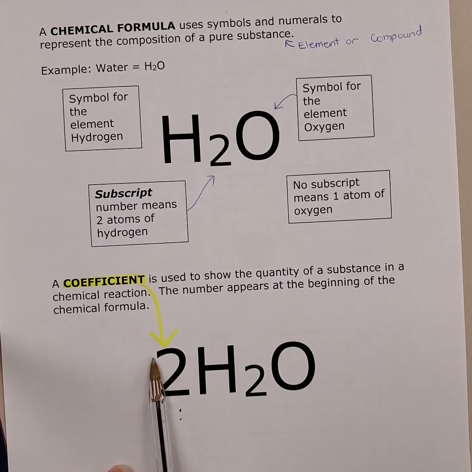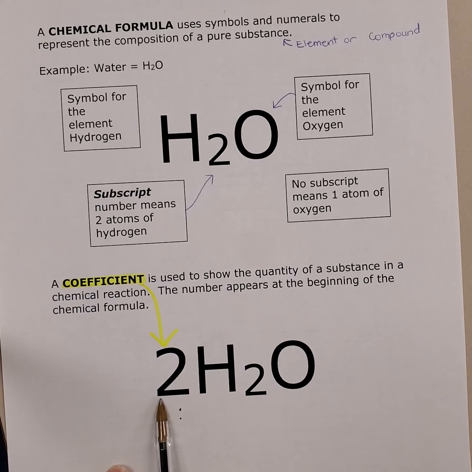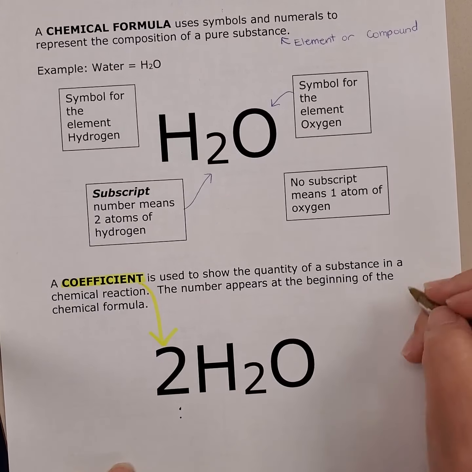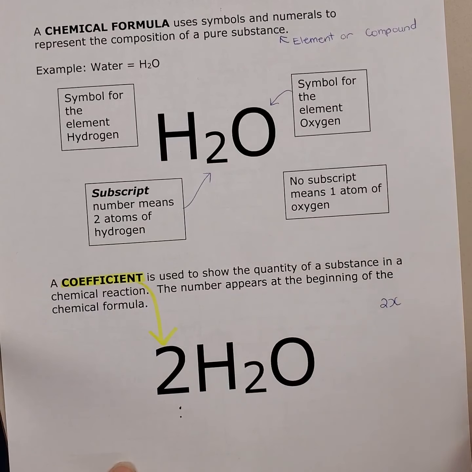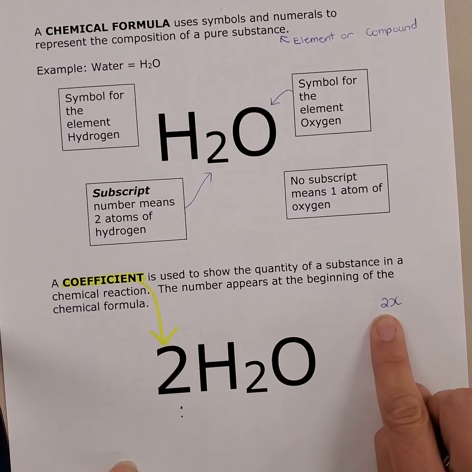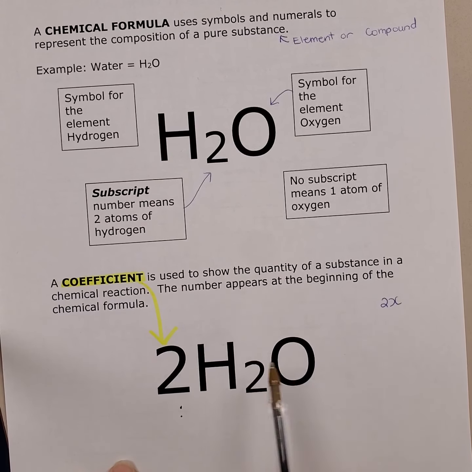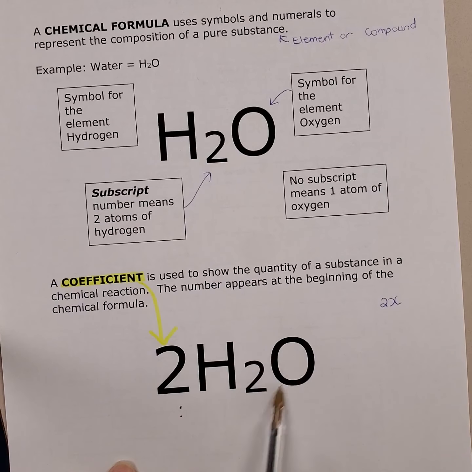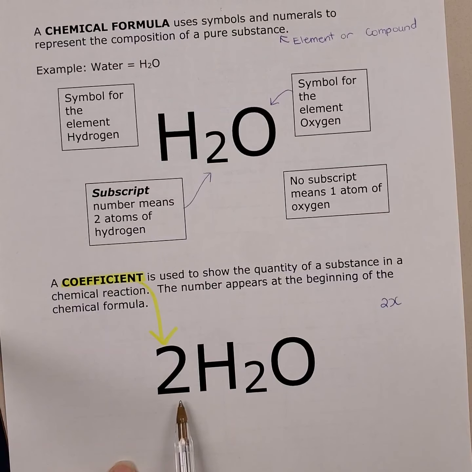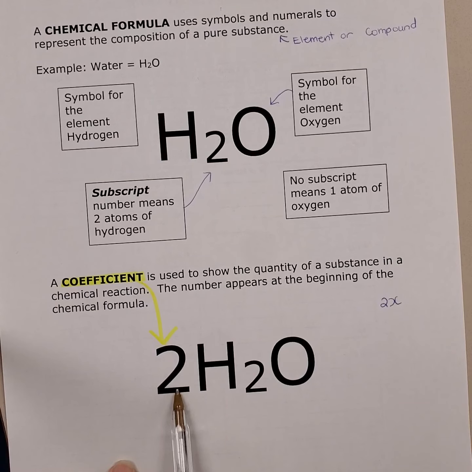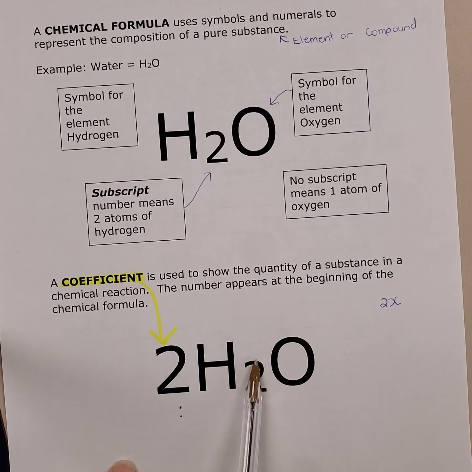A coefficient is always written at the beginning, and you've used coefficients in math, like a term like 2x, where 2 is your coefficient. This 2 is written in a normal size at the beginning of the compound, and it indicates that there are 2 water molecules.